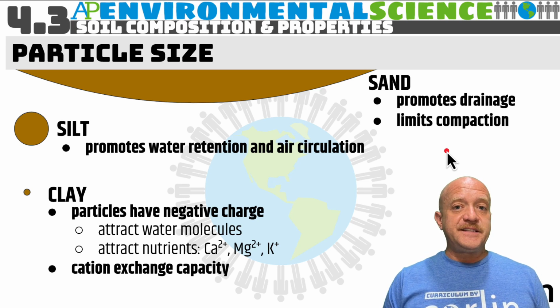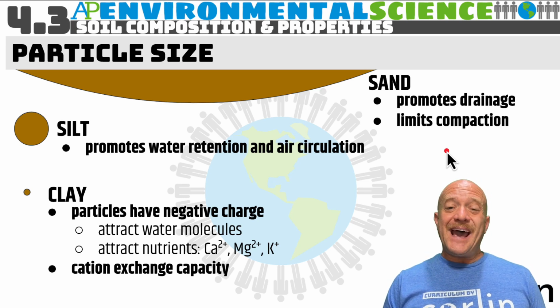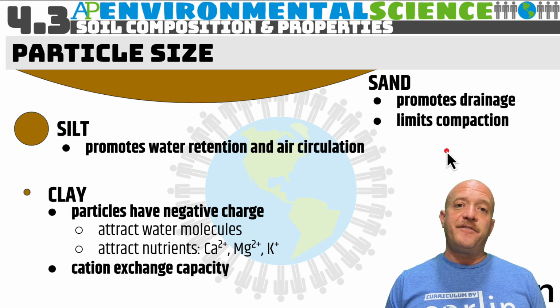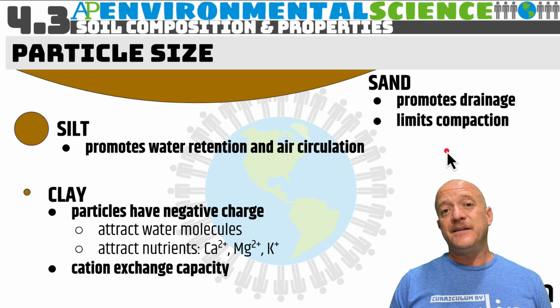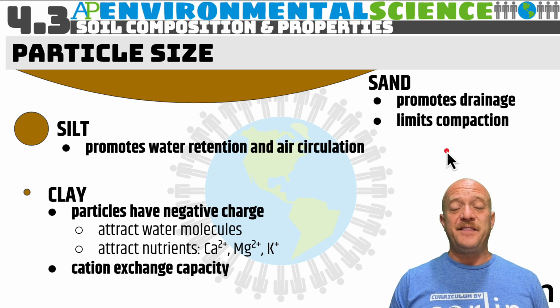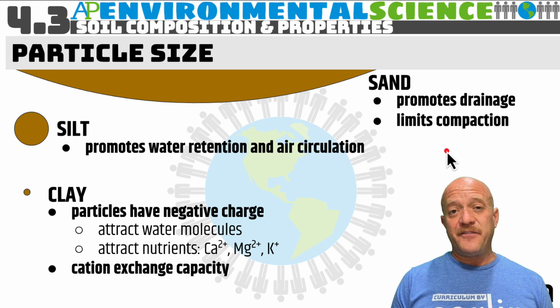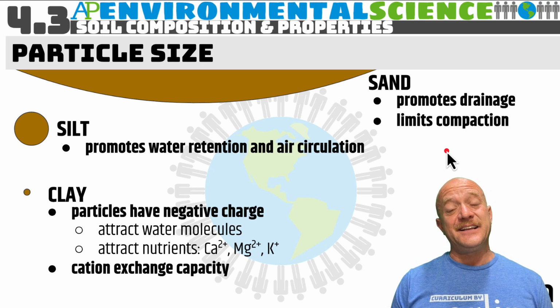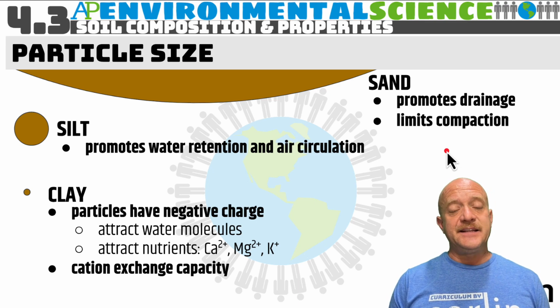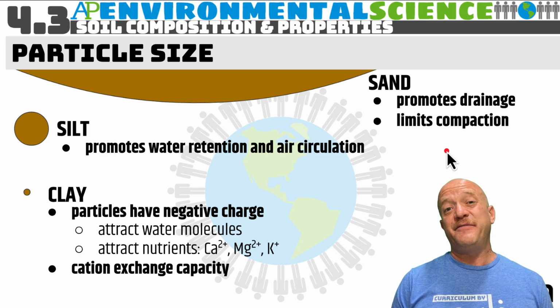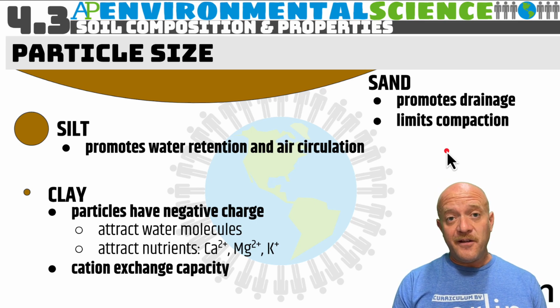Now, there's also this cation exchange capacity, which is the ability of soils to exchange these cations with the external environment. When you have a lot of clay, it will increase the cation exchange capacity, just like it's affecting the ability to hold water.